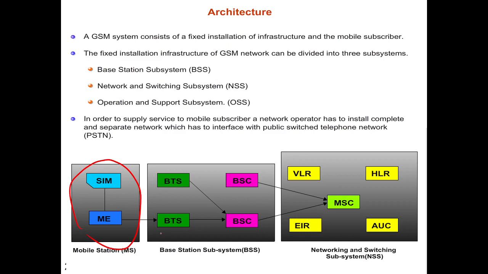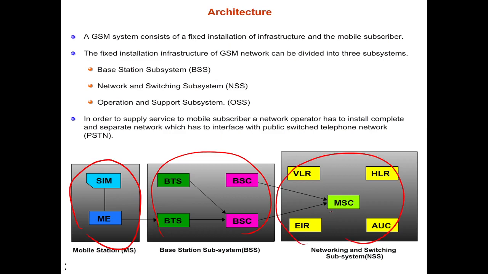The base station subsystem is going to contain several BTS, base transceiver stations, which ideally are going to be in every cell. There are going to be towers, which are the BTS, and these BTS are controlled by the base station controllers. The base station controllers are connected to the mobile switching center, which is part of your network and switching subsystem.